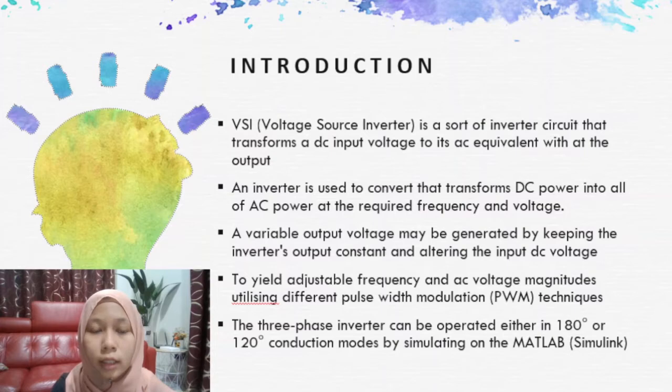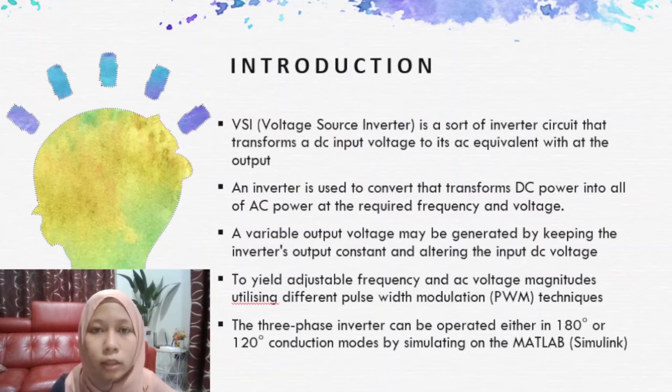Next, three-phase DC voltage source inverters are widely utilized in motor drives to yield adjustable frequency and AC voltage magnitude using different PWM techniques. For the experiment, we want to see that the three-phase inverter can be operated in either 180 degree or 120 degree conduction modes by simulating in MATLAB Simulink.